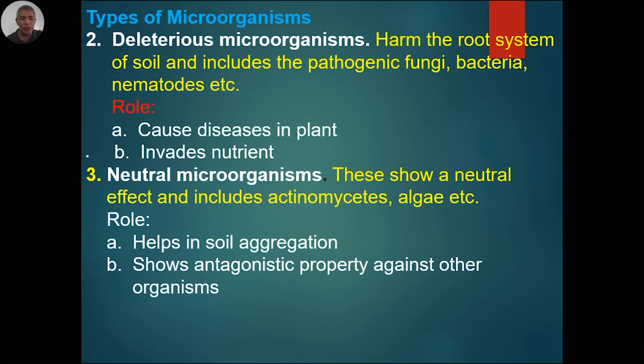And of course the third one is neutral microorganisms. This shows a neutral effect and includes actinomycetes, algae, and other neutral organisms. And the roles are helps in soil aggregation, the formation of soil aggregates, then shows antagonistic property against other organisms.